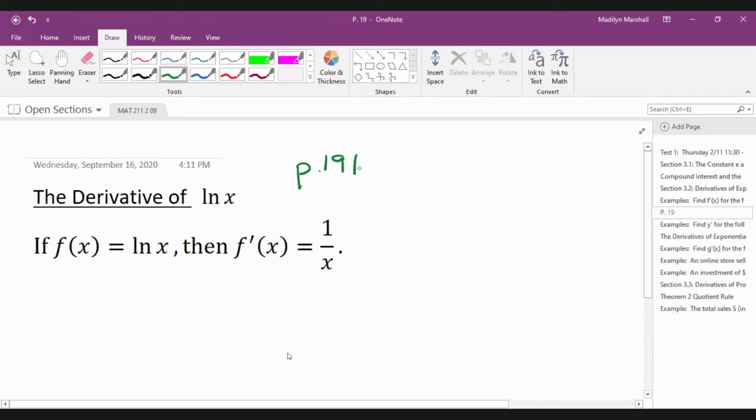So if our function is the natural log of x, then f prime of x is 1 over x. So the derivative of e to the x is e to the x, and the derivative of natural log is 1 over x. Those are two things that you should know, and you can not focus on memorizing them right now since you have a different test on Thursday, but those are two rules that you do need to know for the next test.